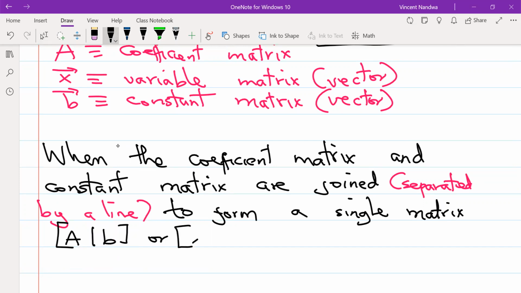or you can write it as A, then you dot the line. So you can either use a straight line which is complete, or you can use a straight line which is dotted.